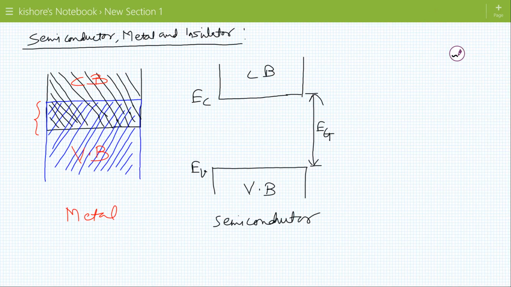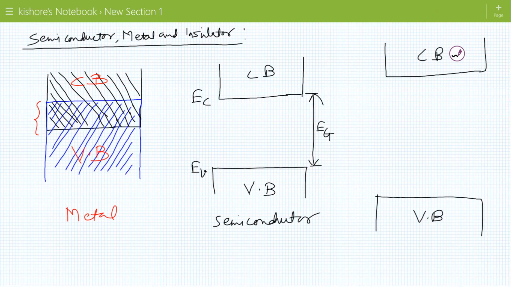And in case of insulator, the gap between conduction band and valence band is large. Large means to say it is of the order of 5 to 6 electron volts, which is large as compared to the energy gap in case of semiconductor.